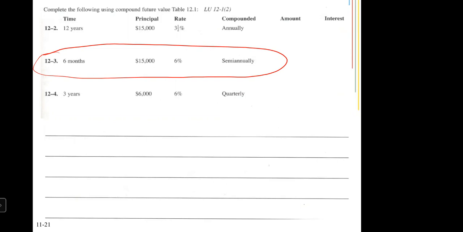So the first thing you need to do is find the number of periods and the rate per period. So what is the number of periods for 12-3?